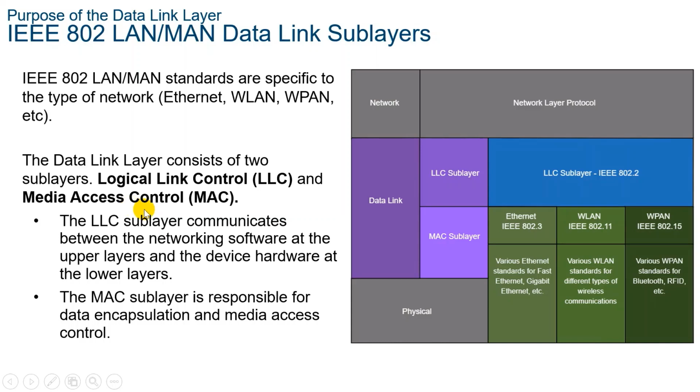When you say logical link control or LLC, this IEEE 802.2 sublayer communicates between the networking software at the upper layers and the device hardware at the lower layers. LLC is situated here.